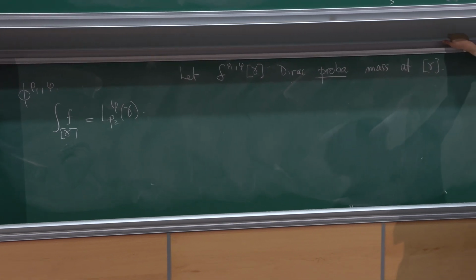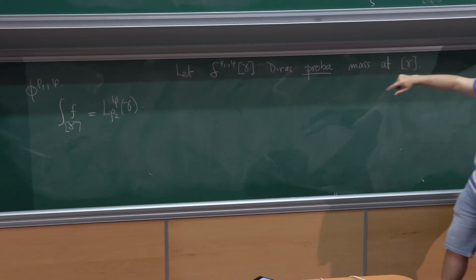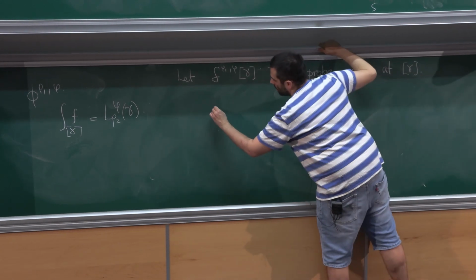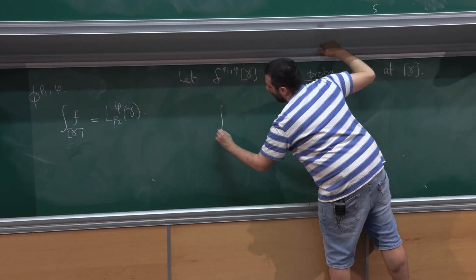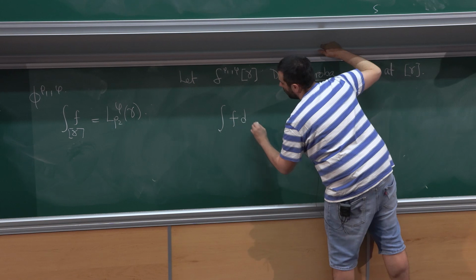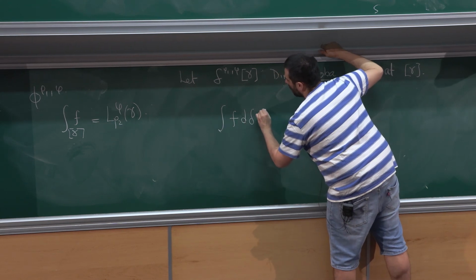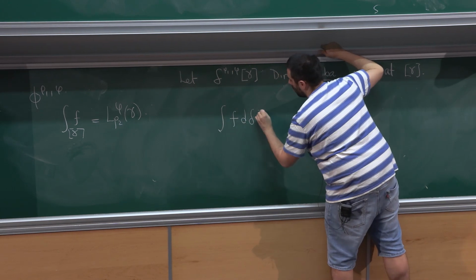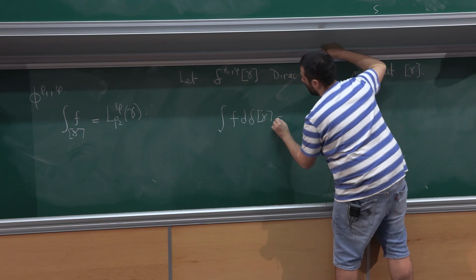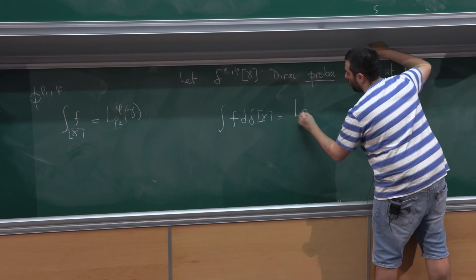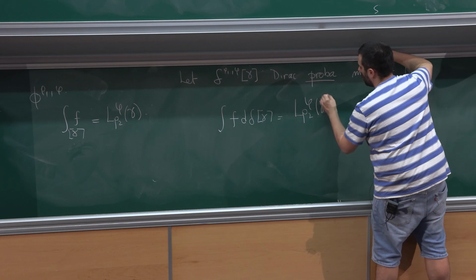If I denote it like this, this equation actually becomes: if I integrate with respect to this mass, this is just L rho 2 over L rho 1.